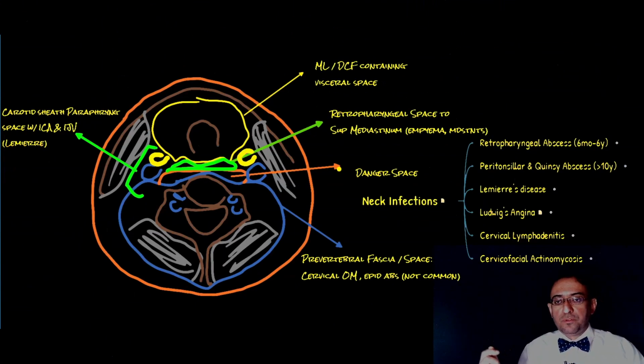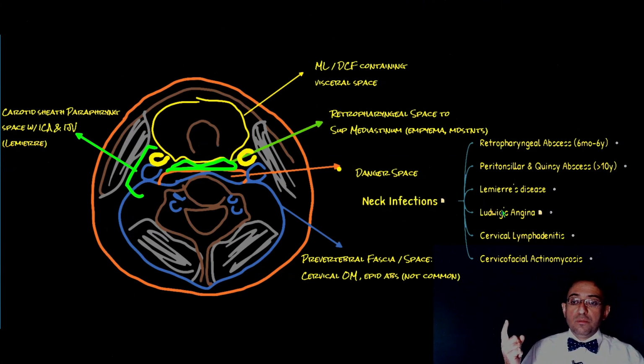If you have swelling of the SCM muscle with symptoms of neck infection, you consider ultrasound, even though the best test is still, for all of these, contrast CT. Ultrasound may show echogenicities in the internal jugular vein. Always remember septic thrombi complication that can cause ARDS and pulmonary embolism in the patients with Lemierre's disease. In Ludwig's angina, remember you may need to consider possibility of airway obstruction, so make sure the patient is stabilized.